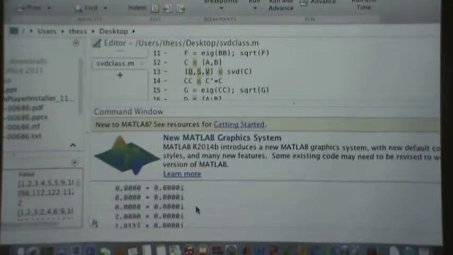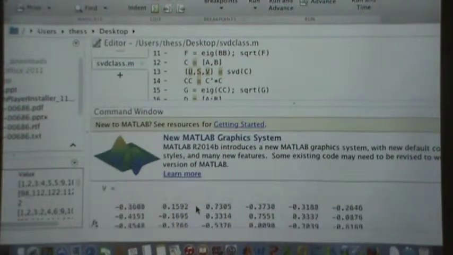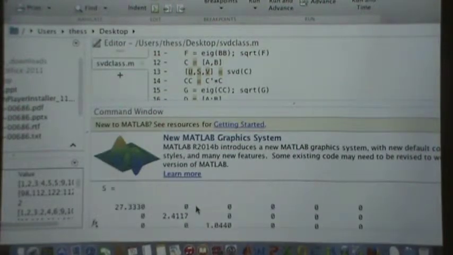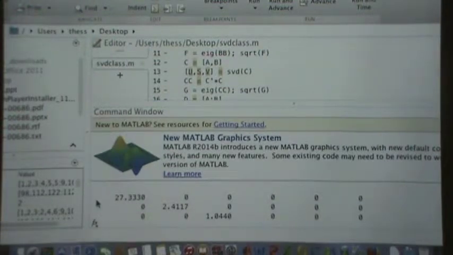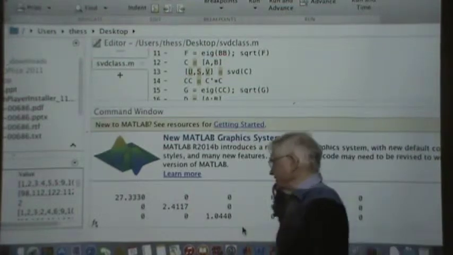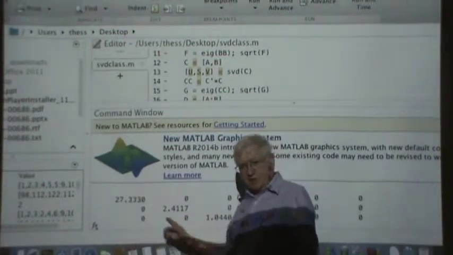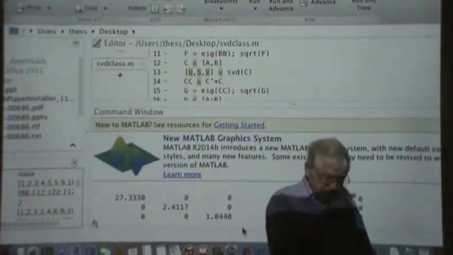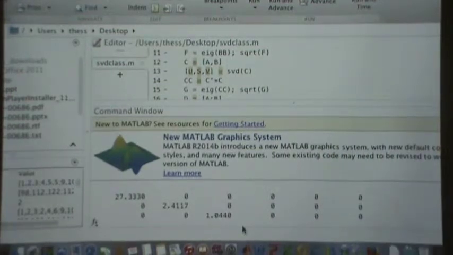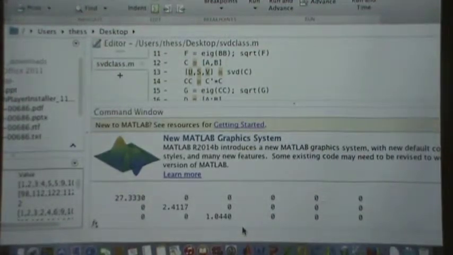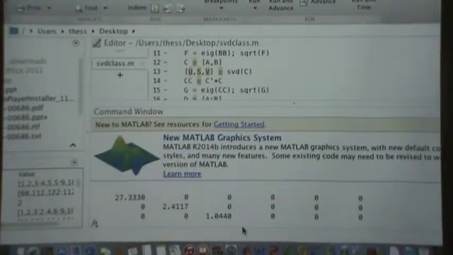The square roots of its eigenvalues are, well, 3 of them are 0, and then there's 1, 2.4, and 27.3, and those should be the same as these singular values. Yeah, 27.3, 2.4, and 1. The difference is that the convention with singular values is start with the biggest and go smaller. The convention with eigenvalues, with eig, is to start with the smallest and then list the bigger ones, so it's backwards.